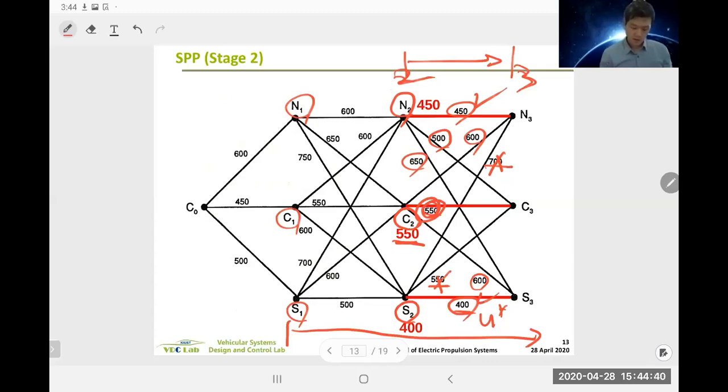So now you have 600, 650, and 750, but the total cost is 600 plus 450, 650 plus 550, and then 750 plus 400. So which one is the best?